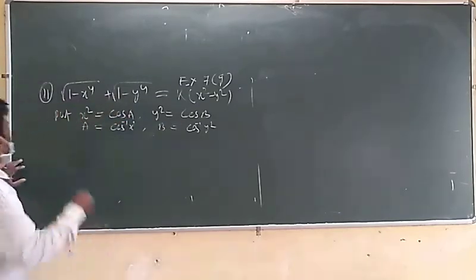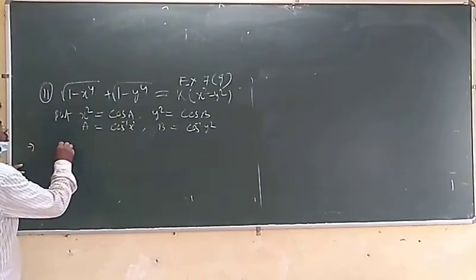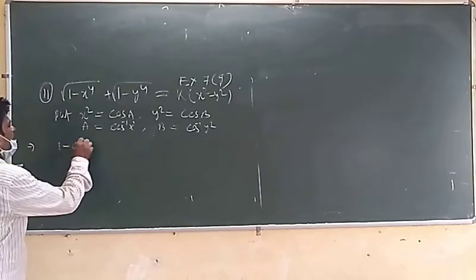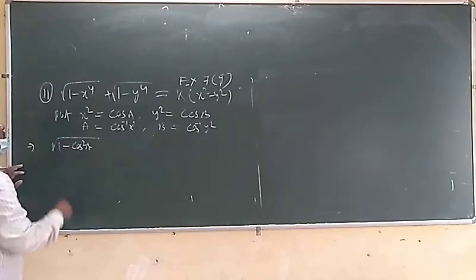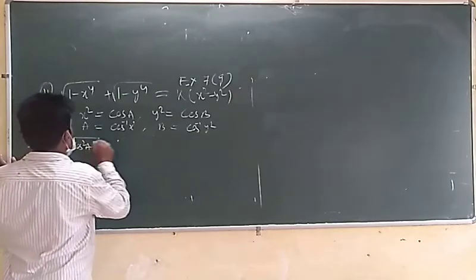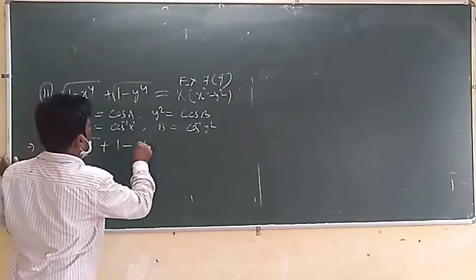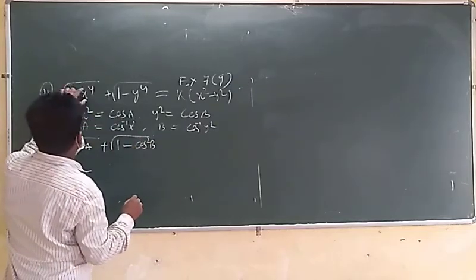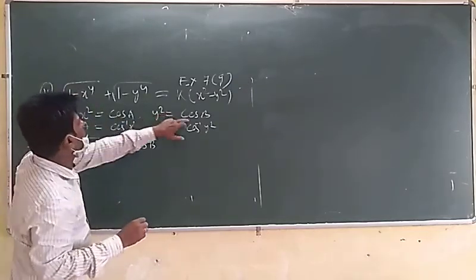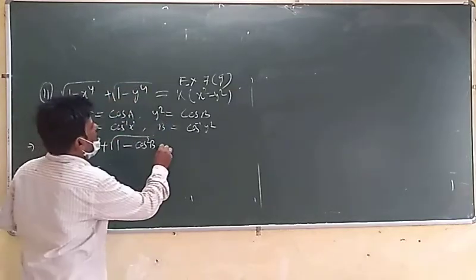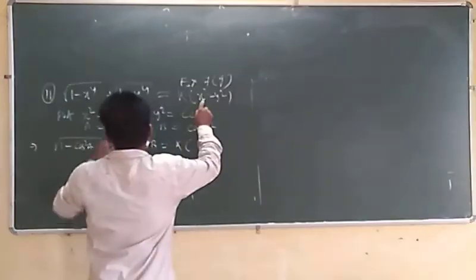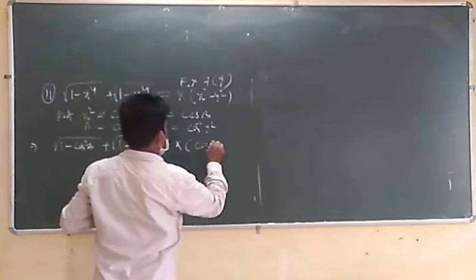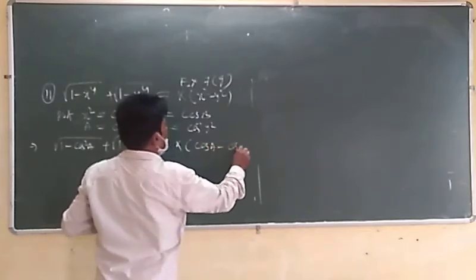Similarly, we have now root over 1 minus cos square a plus root over 1 minus cos square b, because using x square is equal to cos a, x fourth is equal to cos square a, and y square is equal to cos b, y fourth is equal to cos square b. That is k whole into cos a minus cos b.